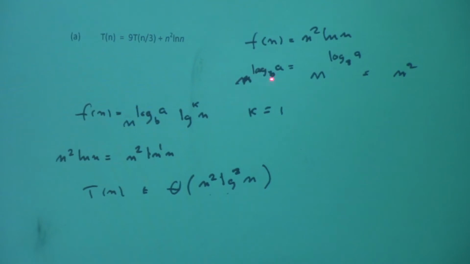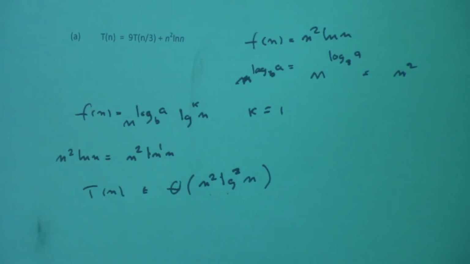And then n to the log b of a is n to the log 3 of 9, which is n squared. Okay? So we have n squared here, we have n squared here. So we have a situation where f of n is equal to n to the log b of a times lg to some k exponent of n. And that k value is equal to 1.